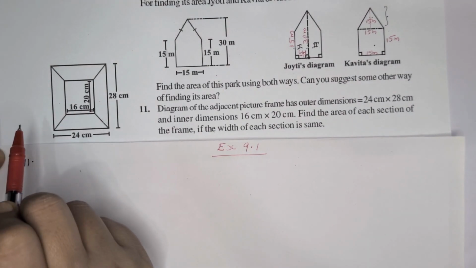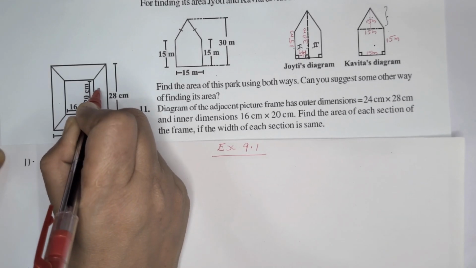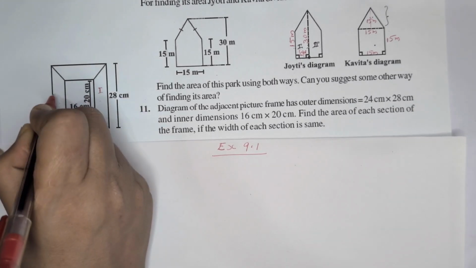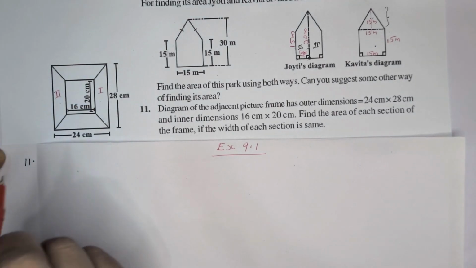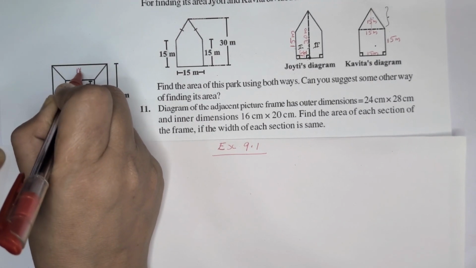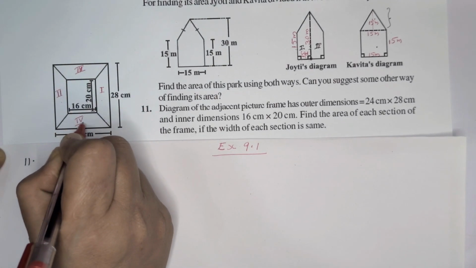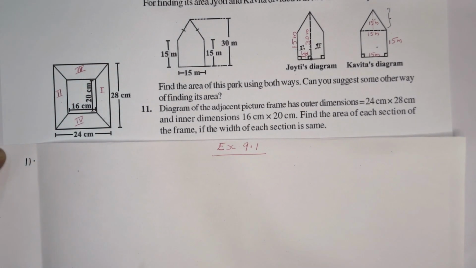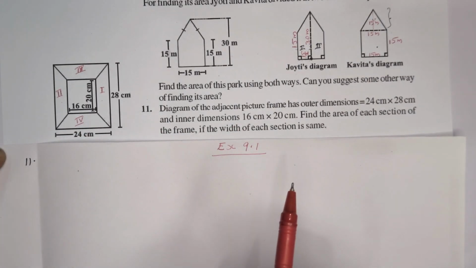We can mark this as trapezium 1, this trapezium 2, trapezium 1 and trapezium 2. Similarly these 3 and 4. 3 and 4 are also trapeziums in the same way. And everywhere the width is the same.